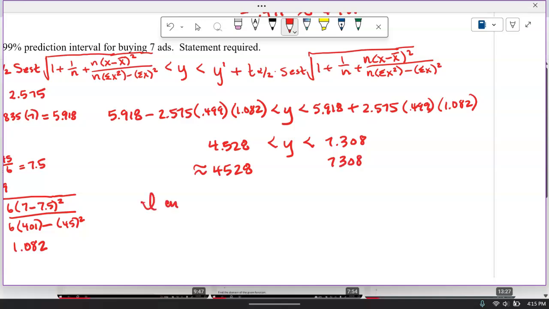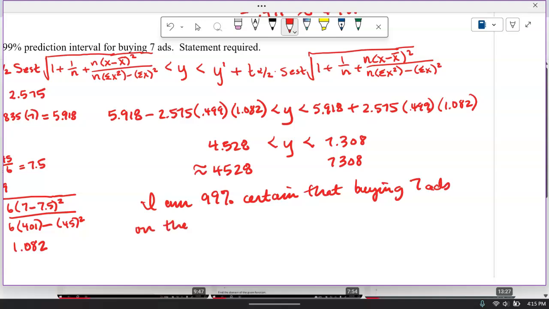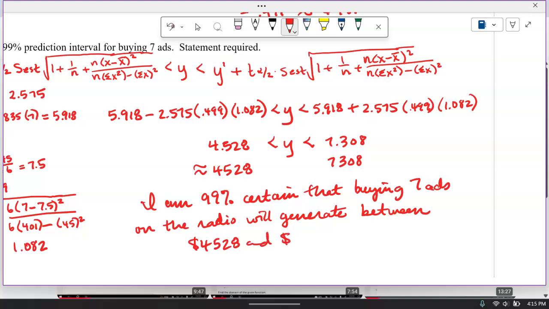So I can say I am 99% certain that buying 7 ads on the radio will generate between $4,528 and $7,308 in additional sales.